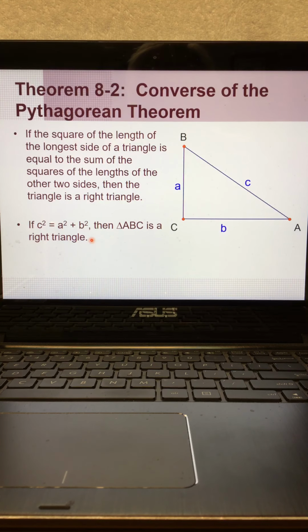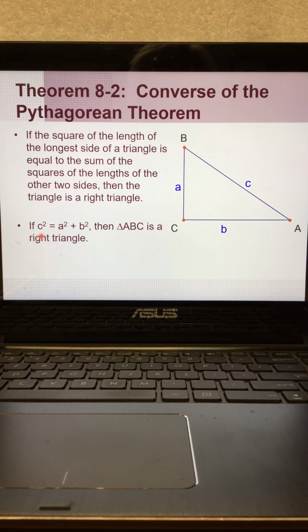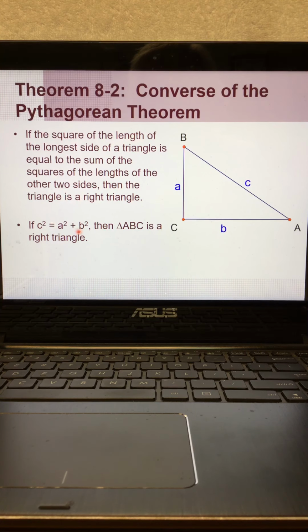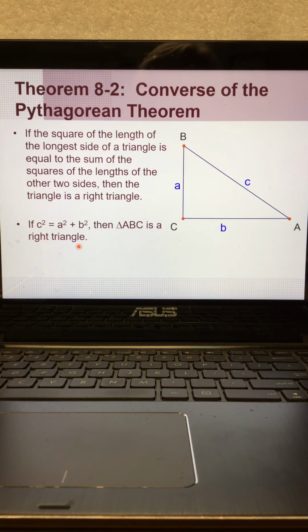So I would take my longest side and square it, take each of the other two sides and square them, and if I get an equal sign right here, I can tell you for certain that that is a right triangle.